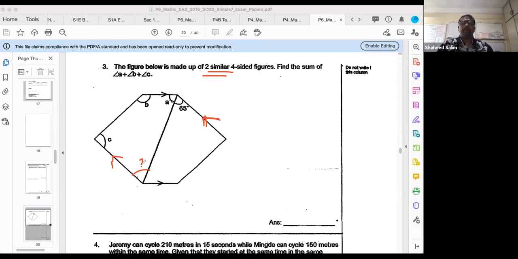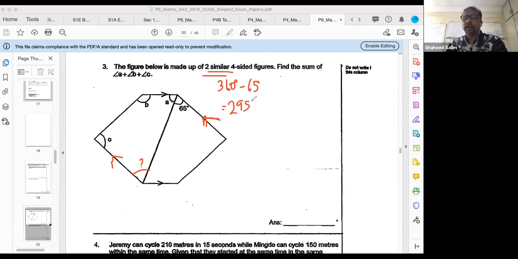Not 115, cannot be 115. You must know four-sided figure 1, 2, 3, 4. A, B, C plus question mark is equal to 360. Any four-sided figure is equal to 360 degrees. Just minus the 65. You get 295.